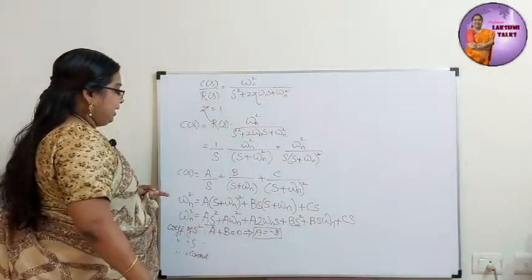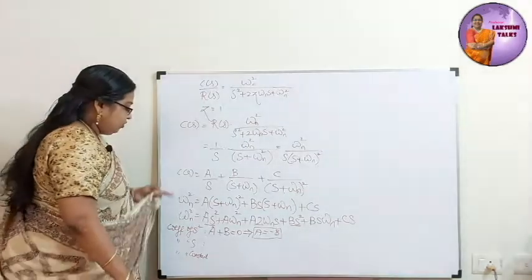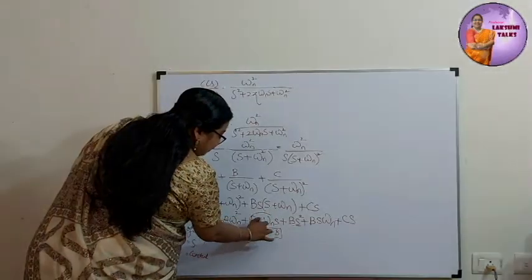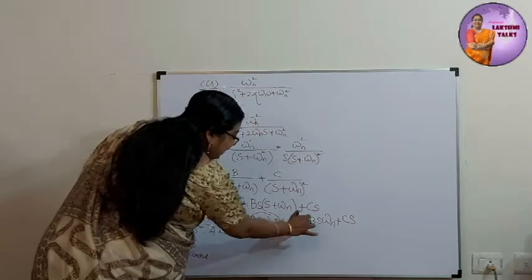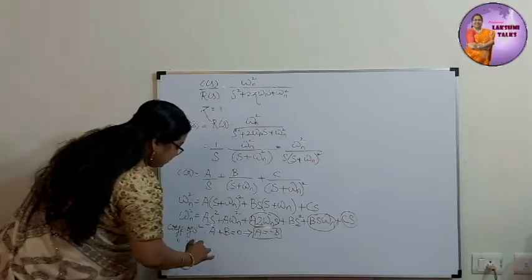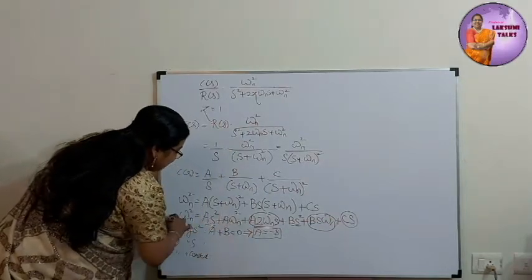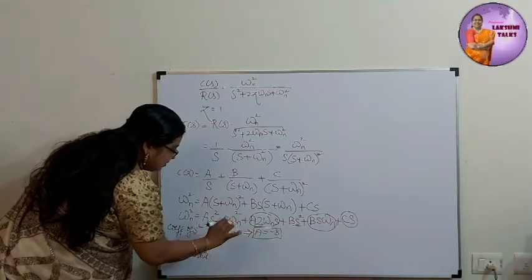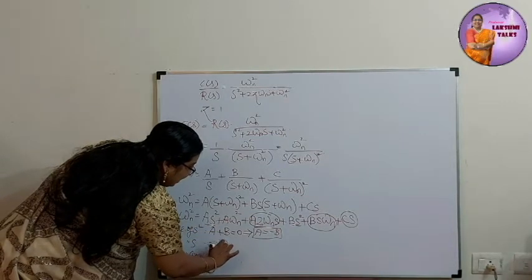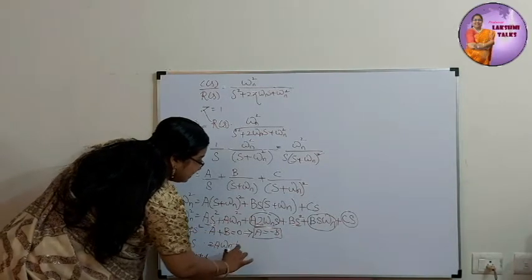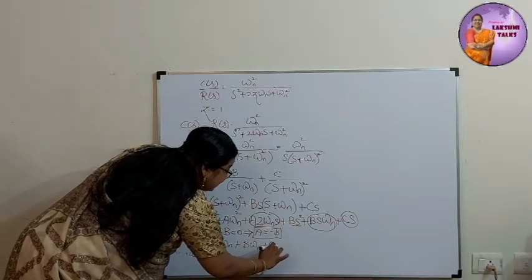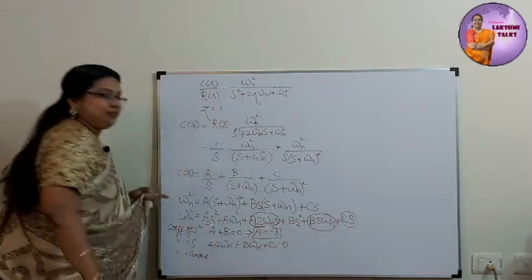Right? Next we need to equate the coefficient of s. What are the coefficients of s? We have 2 a omega n s, and these three. So the coefficient of s means left hand side it is 0 again. So 2 a omega n plus b omega n plus c is equal to 0.